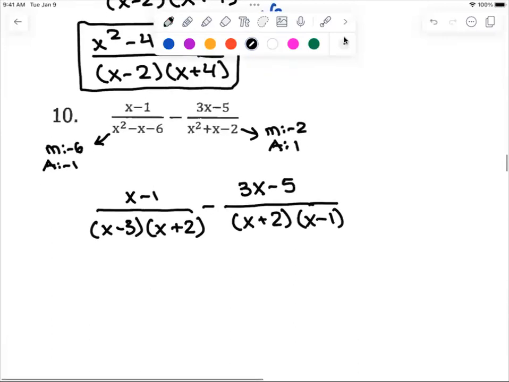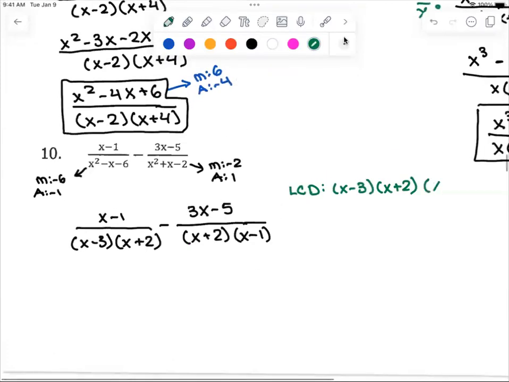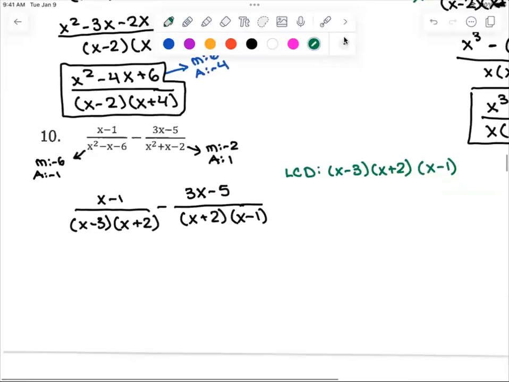Okay, I'm noticing for my LCD, I have an x minus 3 from here. I have an x plus 2, which is in both of them. I only need to write that once. And then I have that x minus 1. So whatever it's missing, I have to multiply it by.